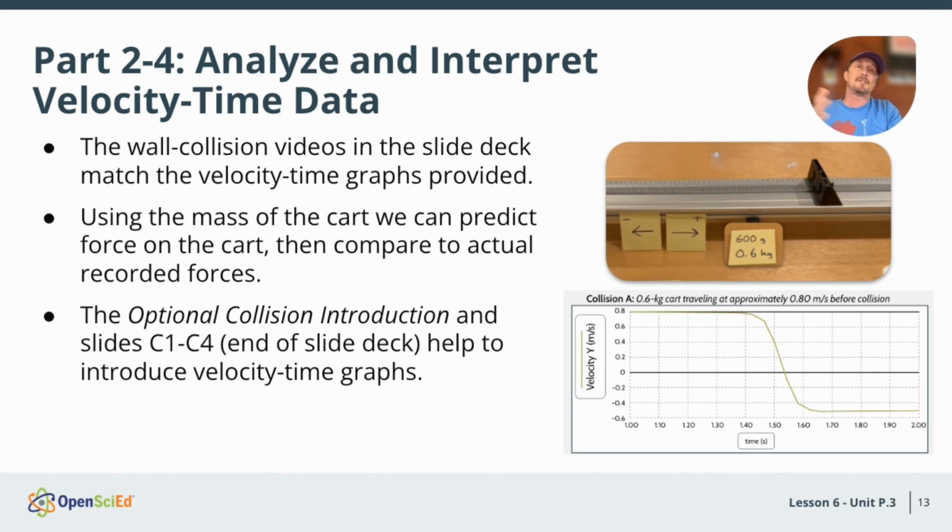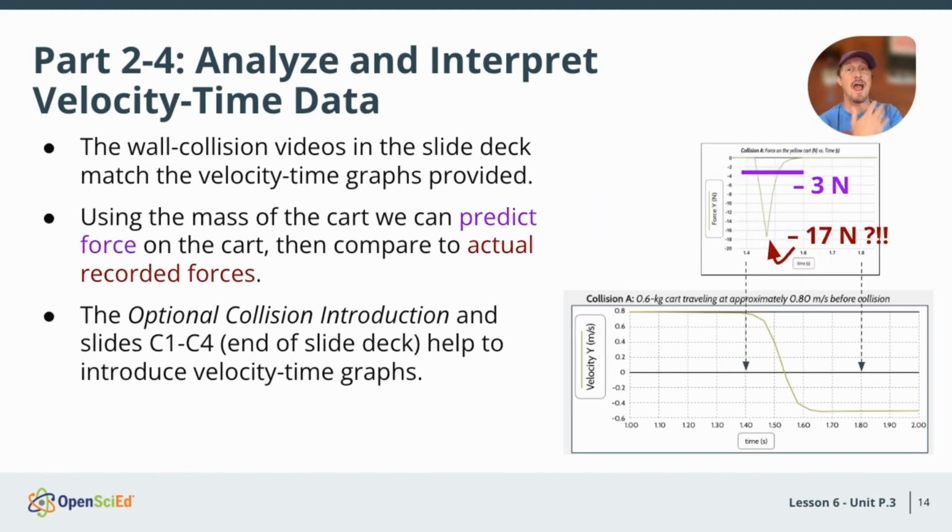First, when we see this video of a cart hitting a wall, we start to analyze velocity graphs, not speed graphs. You'll notice because the cart changes direction, the velocity graph goes from positive to negative. And using the mass of the cart, we can predict the force on the cart and then compare this to actual forces.